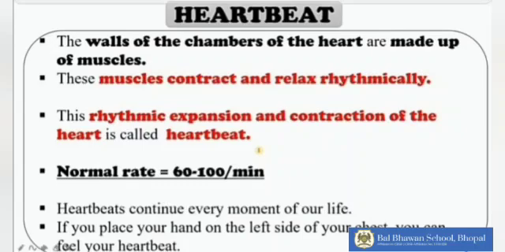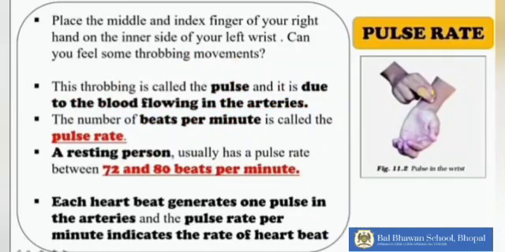Means at regular intervals of time is called as heartbeat. Fine. So our heart beats 60 to 100 times in a minute. Alright. And you can feel your heartbeat by keeping your thumb on the left side of your wrist.